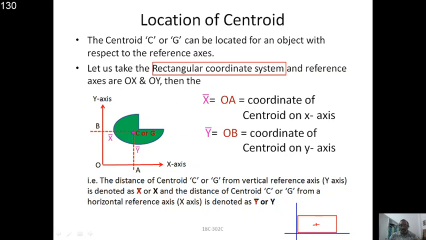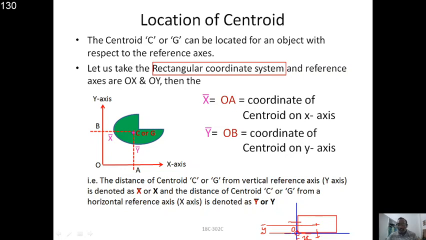From this origin, this is the origin, up to this point, this distance is known as x bar. And in the vertical direction, up to this point, the distance is known as y bar, right?